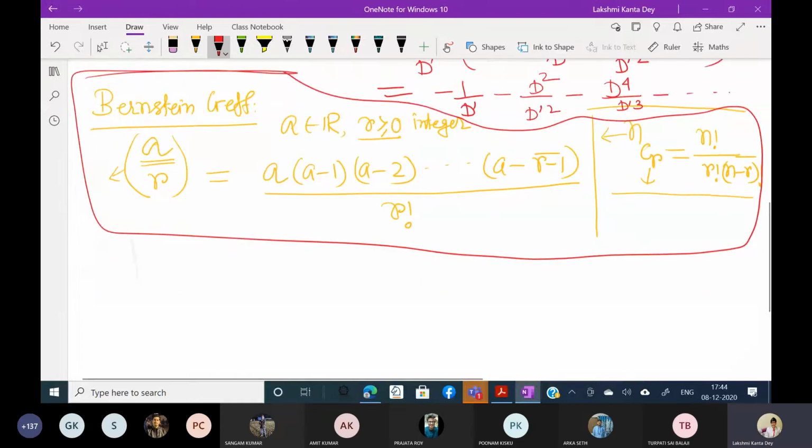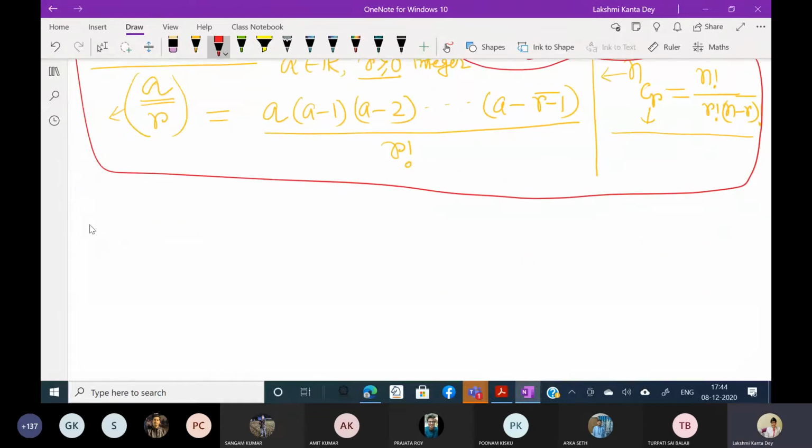Okay. Now back to your question. This will be 1 by d dash square minus d dash, and this is operated on twice y minus x square.